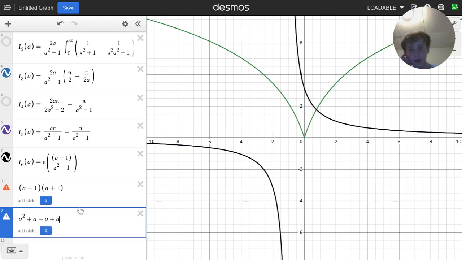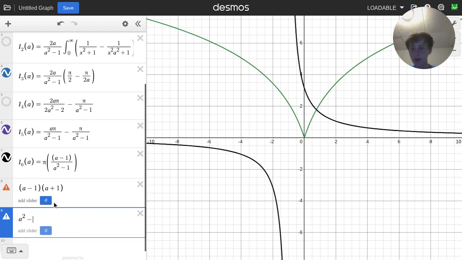No, that's not what it is. And then there's a minus 1 in there. Let's see here. A squared plus a is just these two. So now we do the minus here. So minus a minus 1.